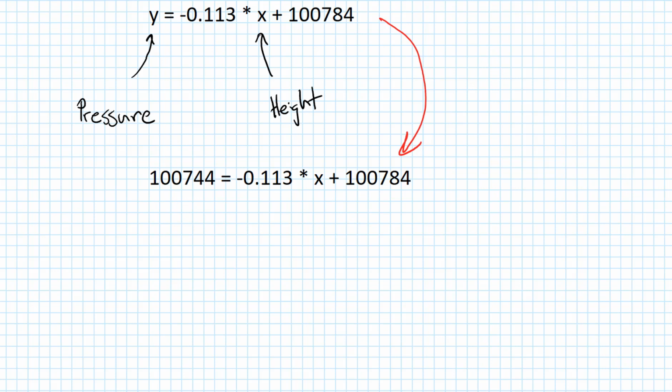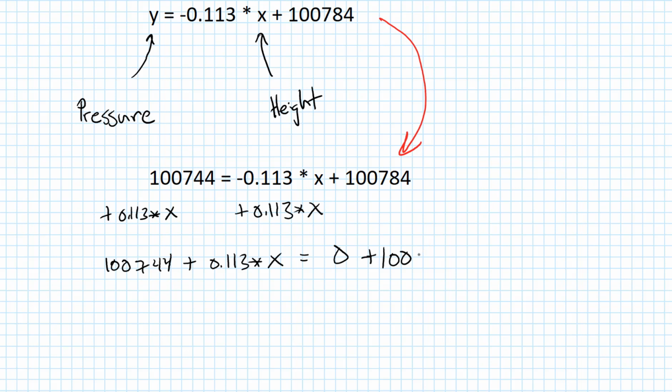So the first thing I'm going to do is add 0.113 times x to both sides. And I'm going to get 100,744 plus 0.113 times x is 0 plus 100,784.